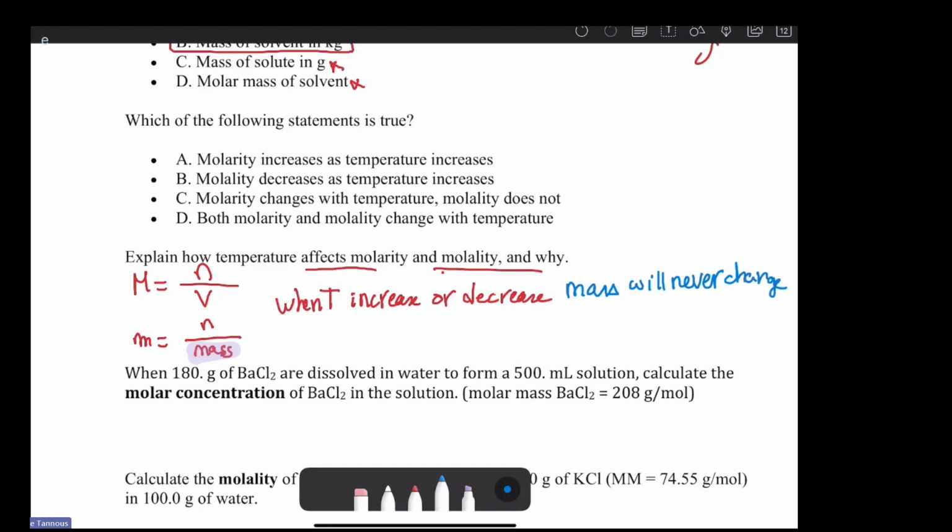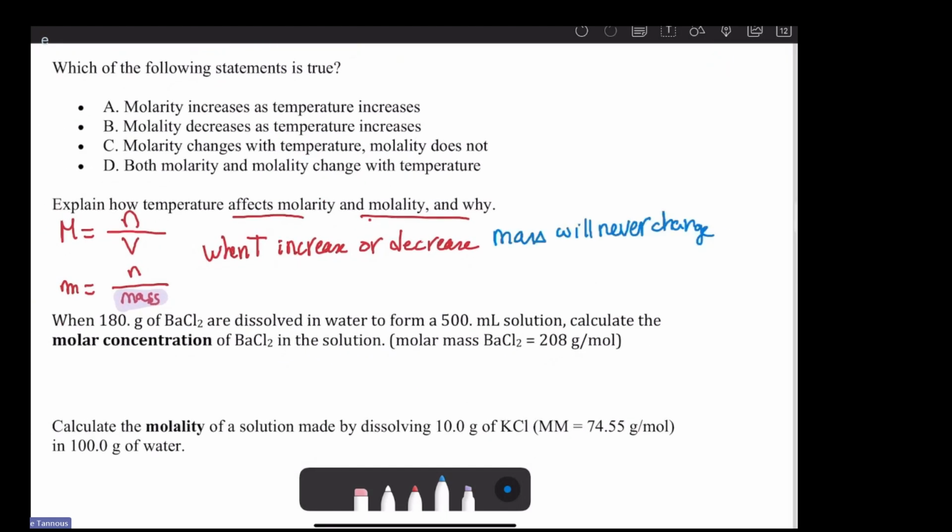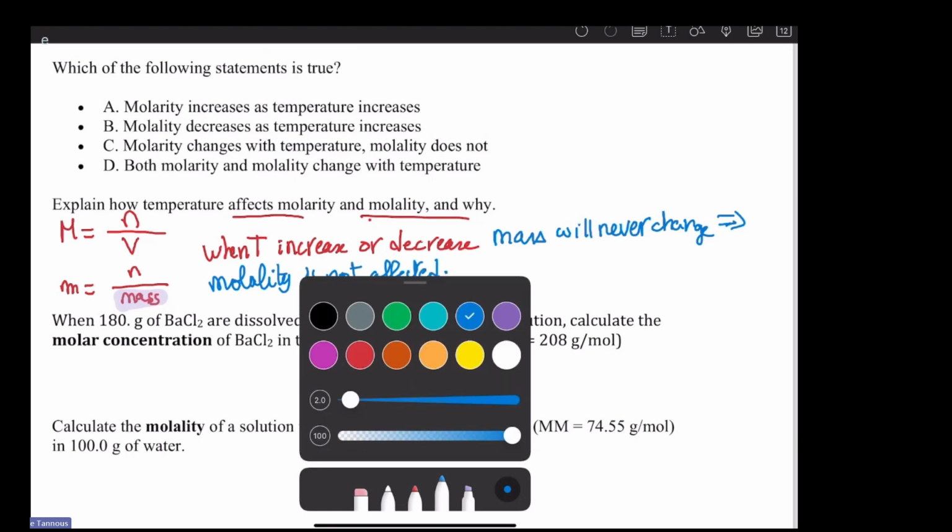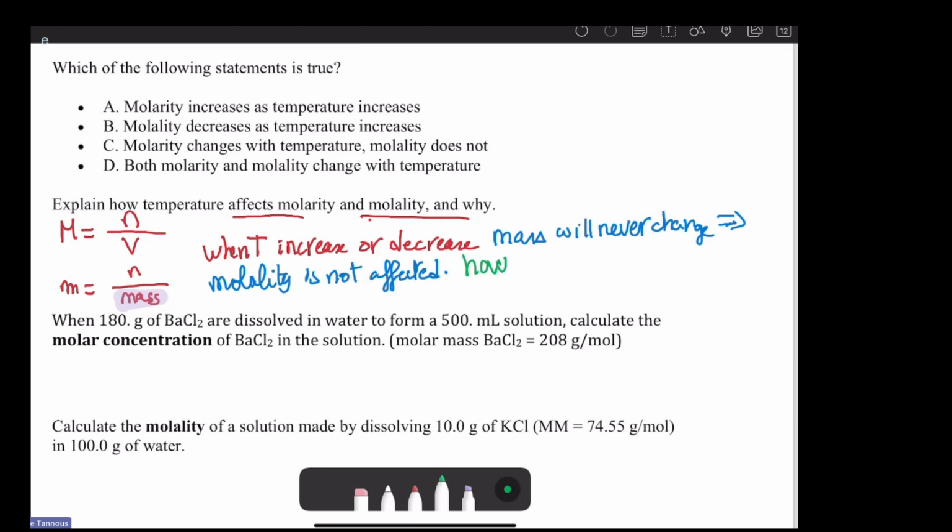And therefore, molality is not affected. Who's affected? However, volume changes. If temperature increases or decreases, volume changes, and it changes in this way. Temperature increase, volume increase.